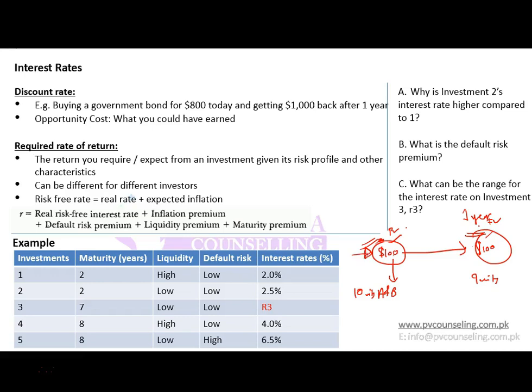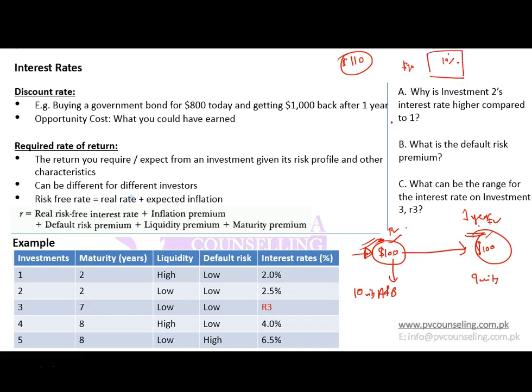If you are not investing it, then you are foregoing the benefit that you could have had if you invested it. Let's say an investment is available as of today, and I tell you if you invest $100 today, you will get $110 after 1 year. That is a $10 benefit or 10% benefit, right? If you are not investing here and you are keeping the cash as it is, that means you are foregoing this 10% return.